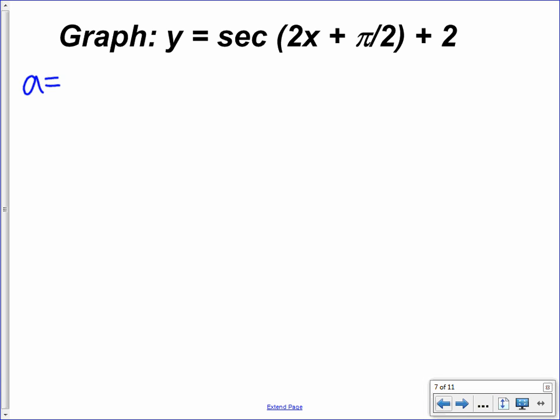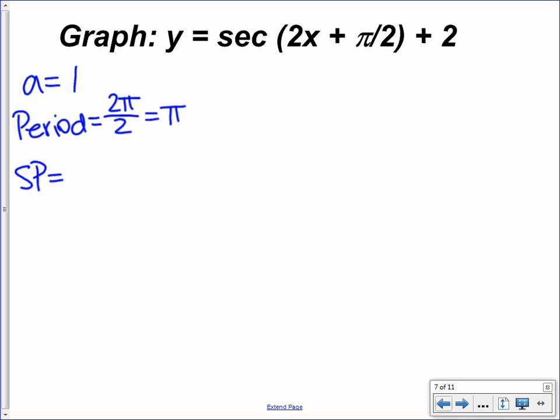We'll identify A to be 1. Our period, we calculate 2 pi divided by B. What is B? 2. So our period is pi.